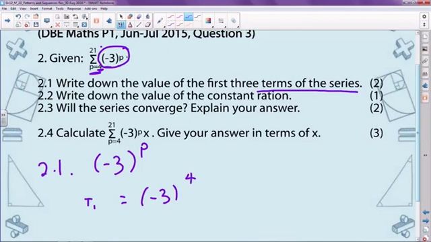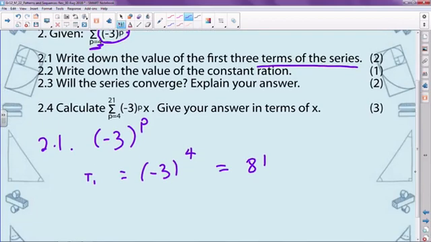In place of p, you replace the first term that you are starting with, so when p is 4, and you'll get 81. Okay, so term 2, the next term in the series, so we've started at 4, the next one's going to be to the power of 5. Minus 3 to the power of 5 will be negative 243.